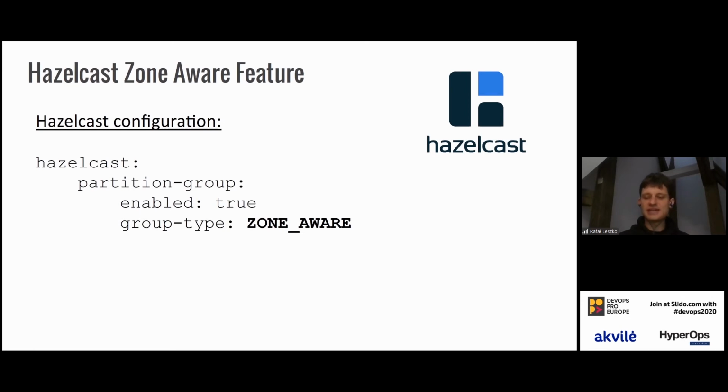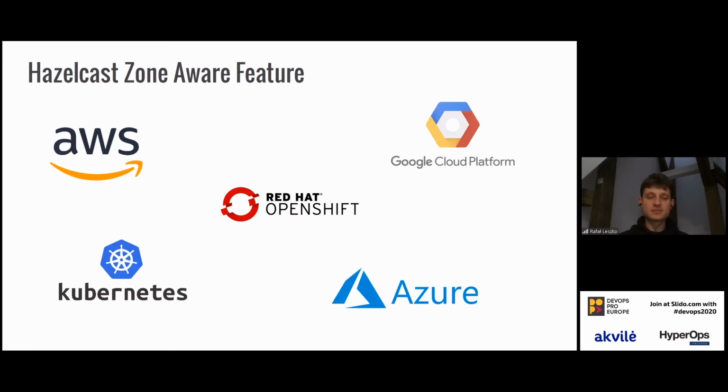So we came with the idea of plugins. They are responsible for discovery and also for zone awareness. So if you run on AWS, you plug in the AWS plugin, and then it queries the AWS native API to check in which availability zone my member is deployed.